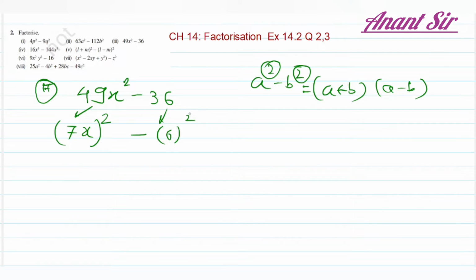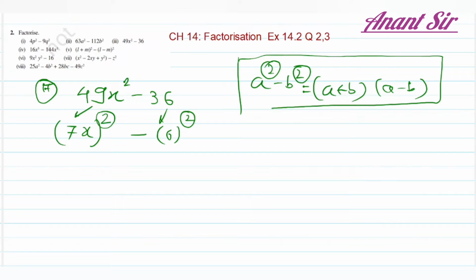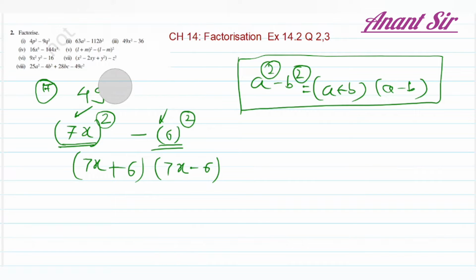So you see there are two squares and there is a negative sign in between them, so we have to use this formula. And what is the answer then? You just add the numbers whose squares are given in one bracket and subtract the numbers in another bracket. That's it. This is the final answer for question number 3.